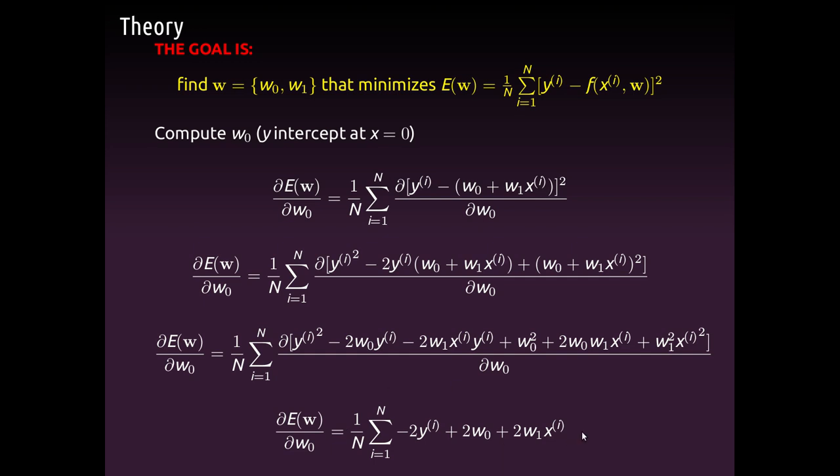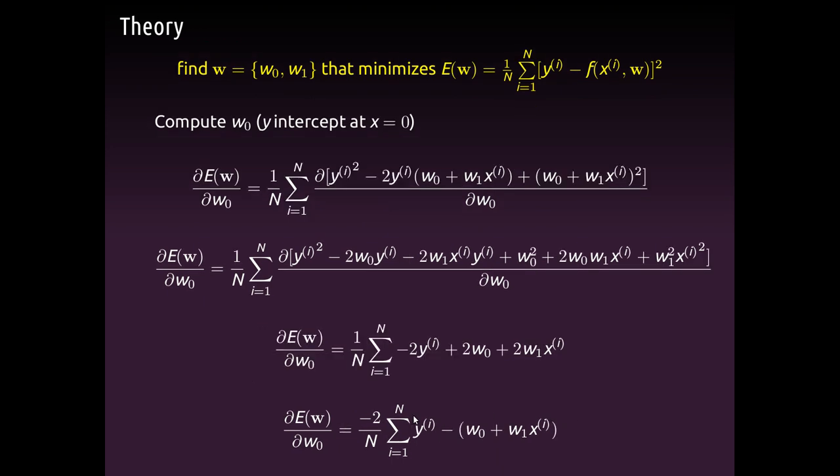Again, we will simplify it by sending the 2 outside the sigma sign. So we have it now expressed as minus 2 over n multiplied by the summation of y i minus w0 plus w1 x super i. And this is the simplest formula of the derivative of the error function with respect to the w0 coefficient.